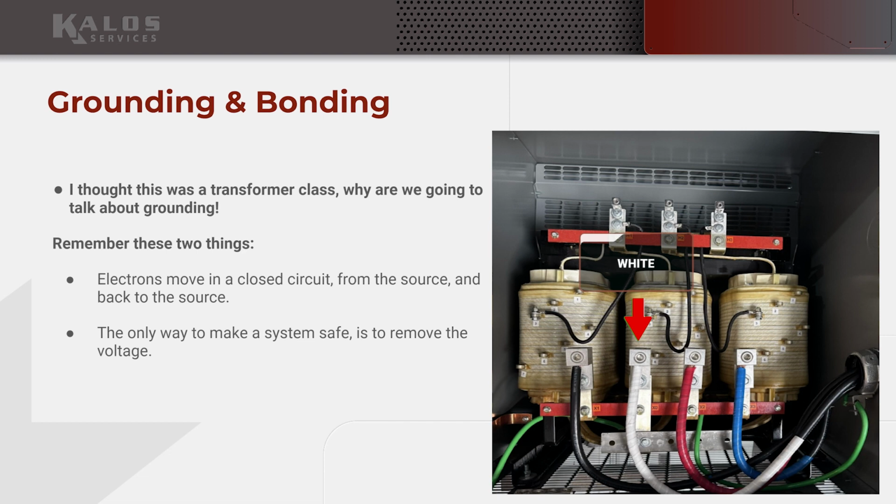And you can see there are extra termination points here on the bottom. This is where our grounding electrode conductors, our equipment grounding conductors, system bonding jumpers, all those various types of grounding conductors will terminate on this bar. And we can see it's interconnected by this plate here.